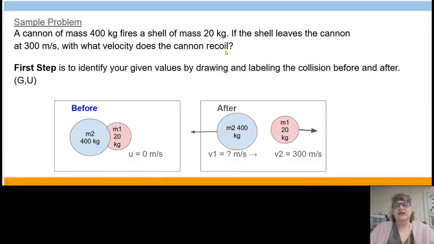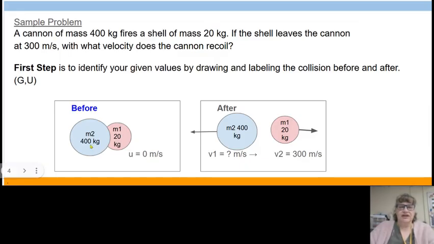So if you've ever seen movies, any time that a cannon goes off, you'll see that it will push its shell or cannonball forward, but the cannon itself will actually recoil backwards. You'll see it move backwards.